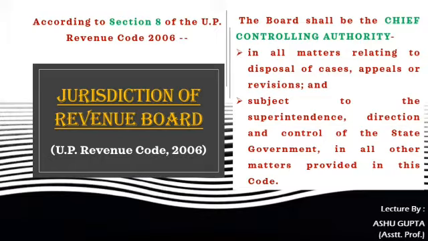Hope you memorize it, as we have already discussed the constitution and jurisdiction of the Revenue Board in detail. Now the turn goes to understanding the powers of the Revenue Board. So move on to the next slide.